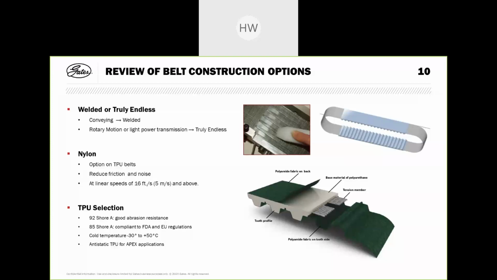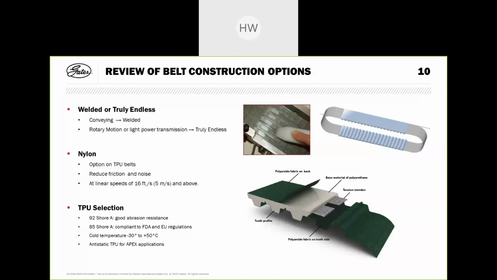Of course, endless welded belts have limited power transmission or limited tensile strength, since the cords are not welded at the welding sections, and so the polyurethane has to take the entire load. So we have to respect limited tensile strength on the welded belt.